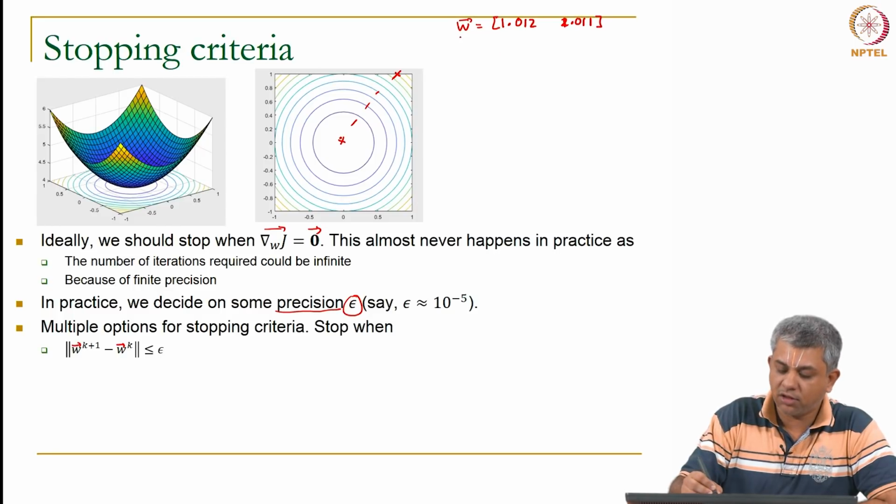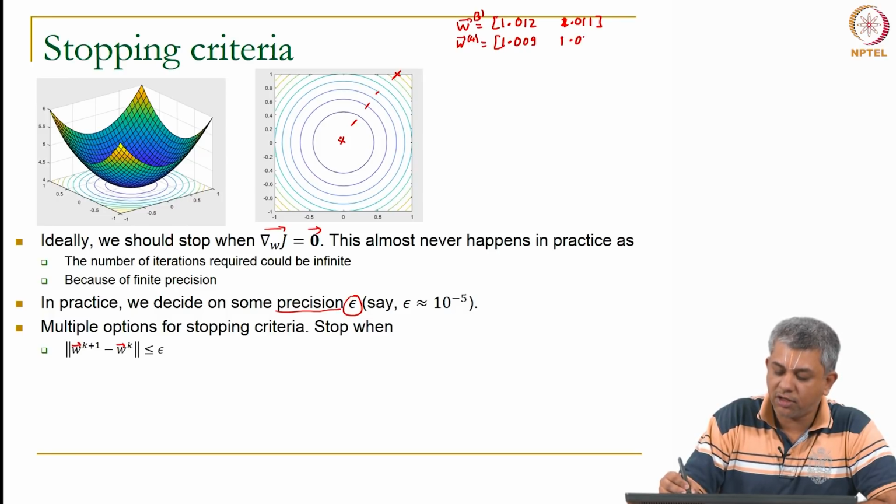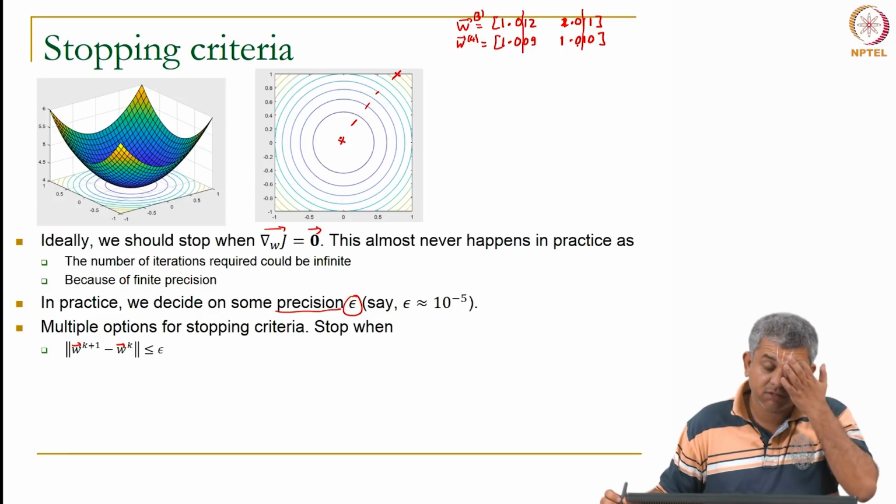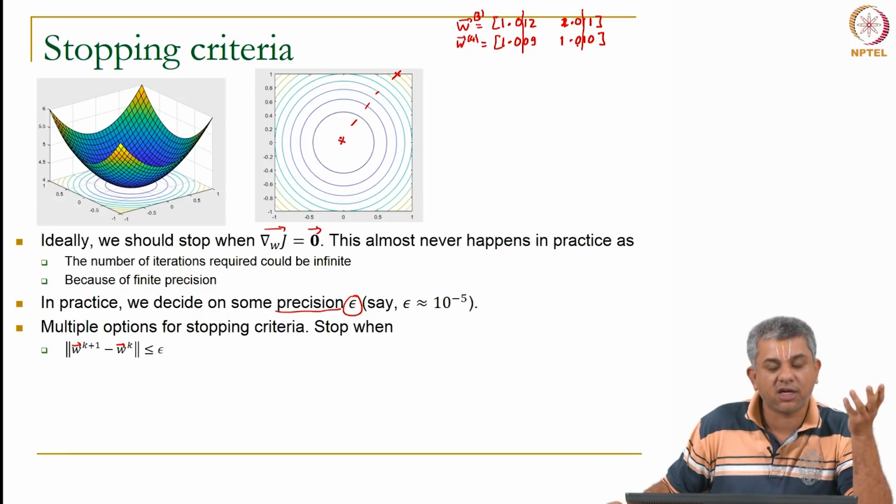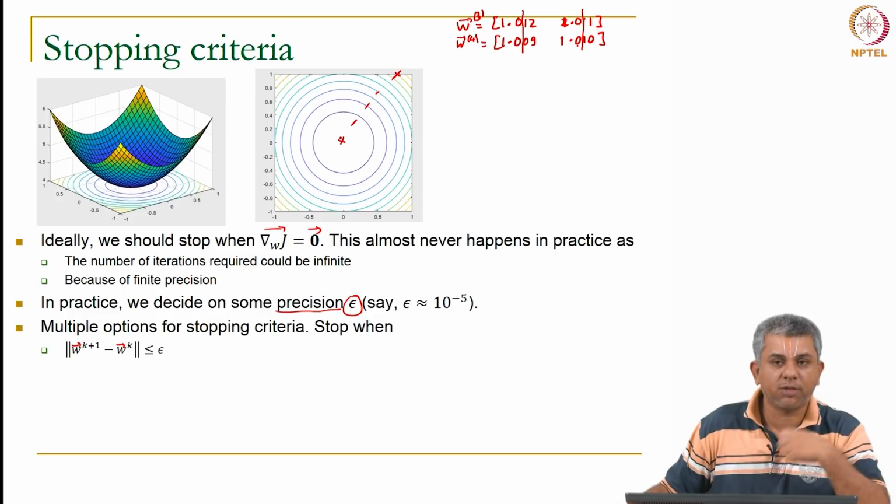This is W in this third iteration, let us say, and in the fourth iteration this is 1.009 and 1.010. So, up till 2 decimal places we can be fairly certain that we have got the answer reasonably correct, especially if this repeats again and again.